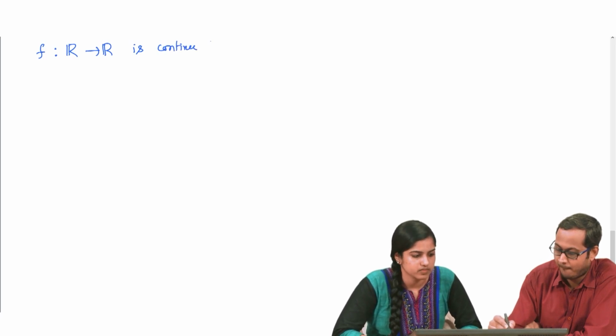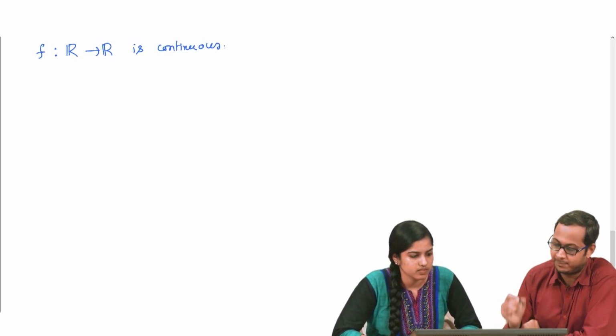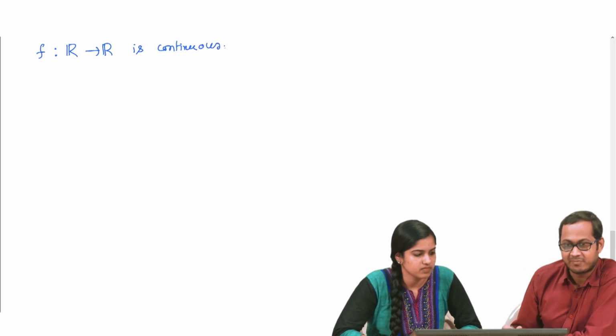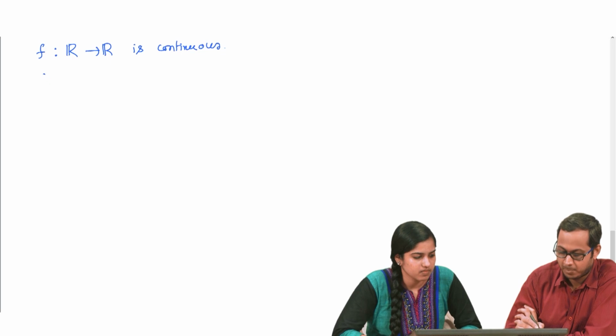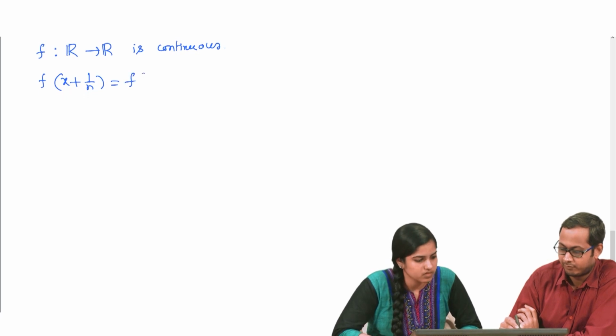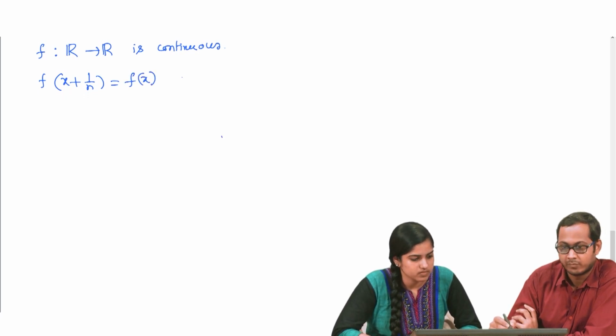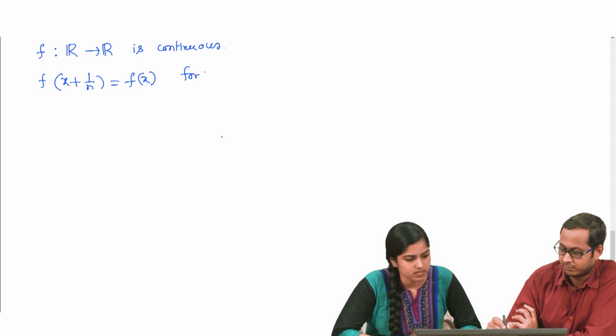This function f satisfies the following condition. Write down the condition: f of x plus 1 by n is equal to f of x for any rational number x and any positive integer n.